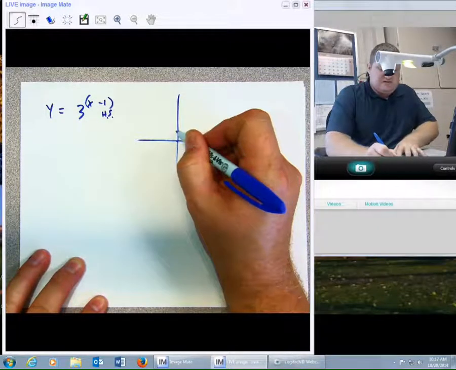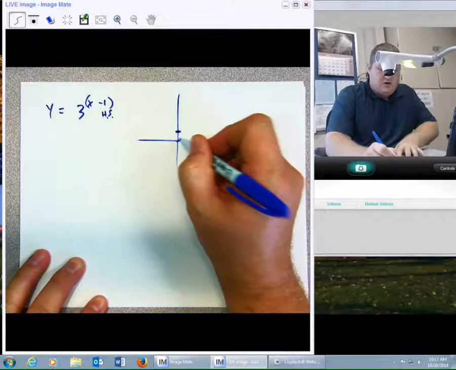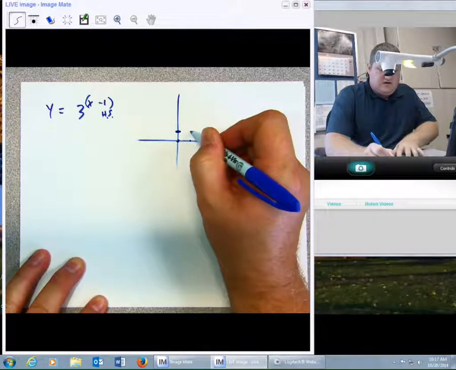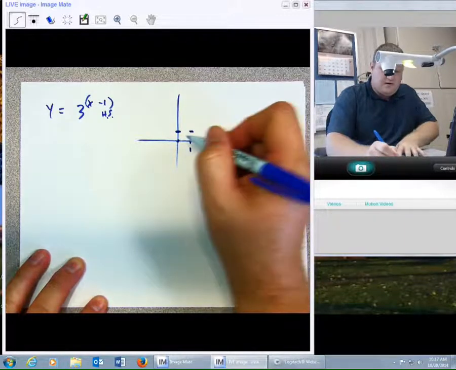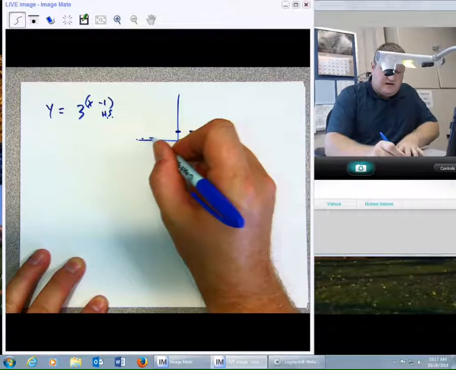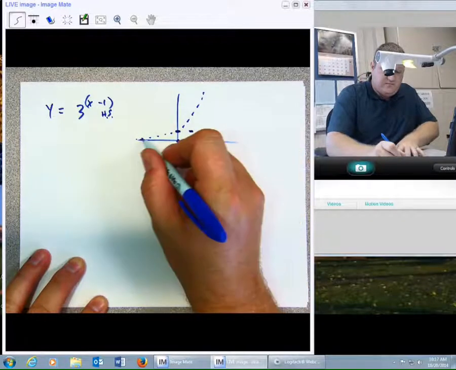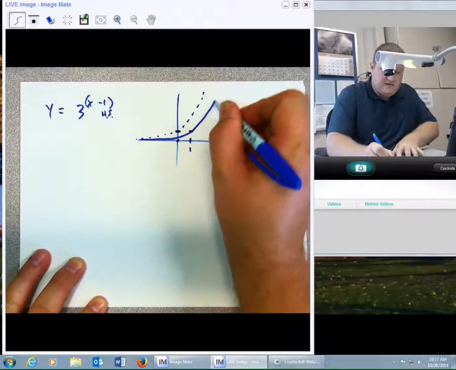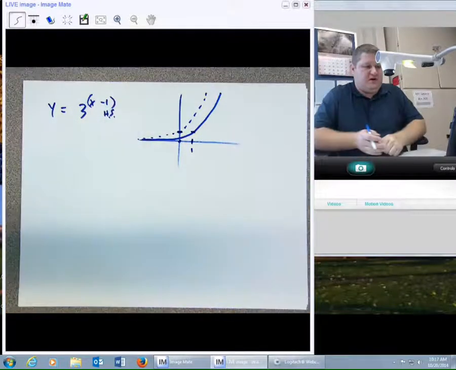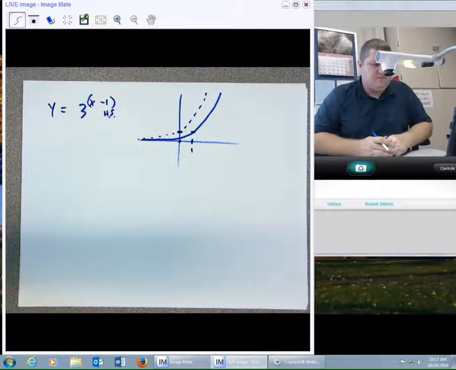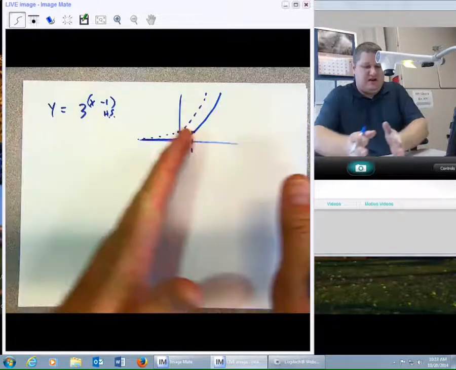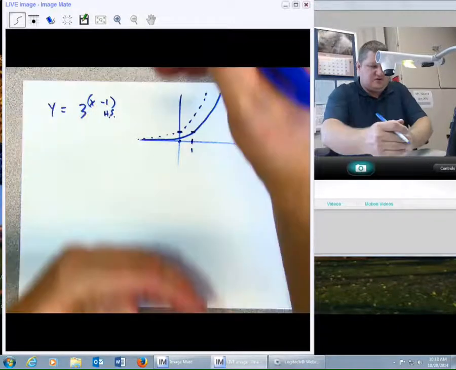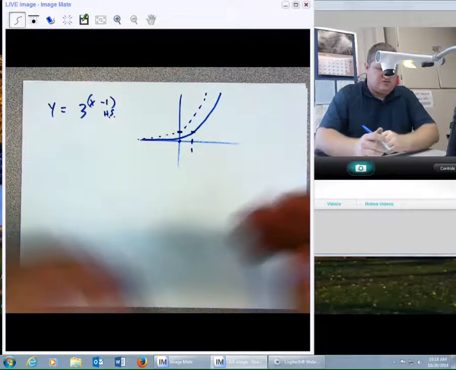So instead of crossing 1 right at 0, it's going to cross 1 at positive 1. So instead of being this graph, it's scooted over 1 unit. Okay, so if I put all these things together, you can move it left, right, up, down. You can stretch it vertically. You can stretch it horizontally.